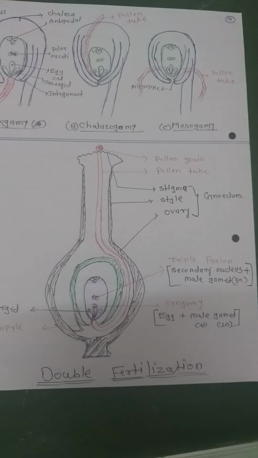The triploid PEN, that is primary endosperm nucleus, develops into nutritive endosperm tissue. Double fertilization also helps to avoid the polyembryony condition. It brings about recombination of characteristics which creates variations in the offspring. So variations lead to evolution. Okay, thank you.